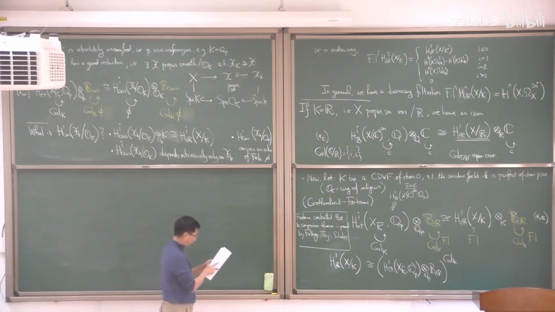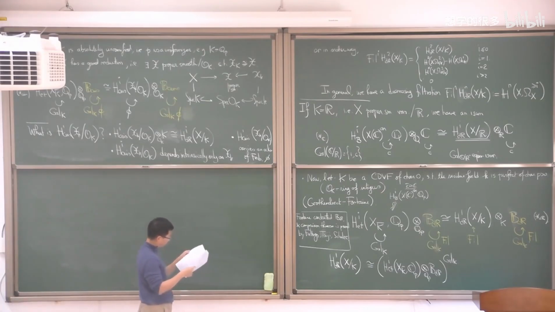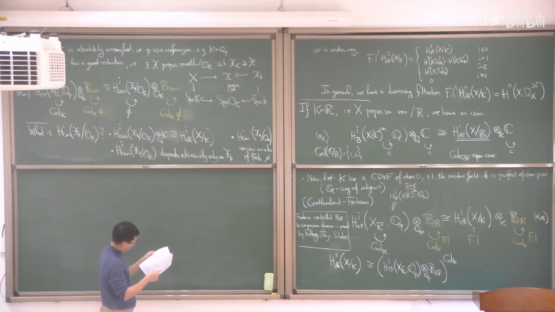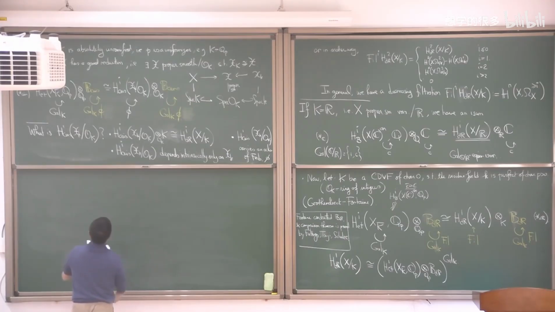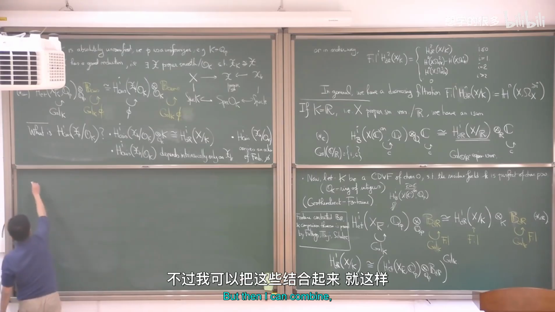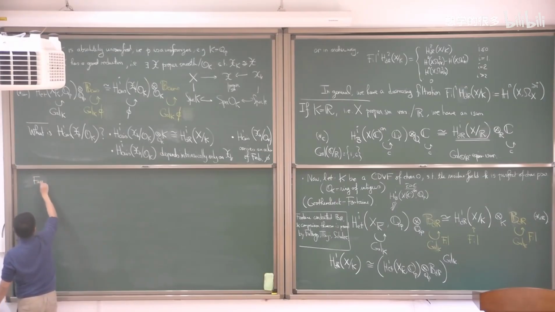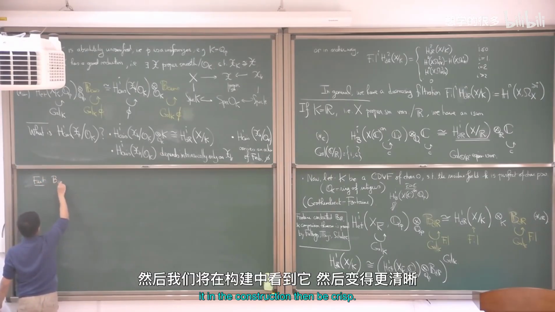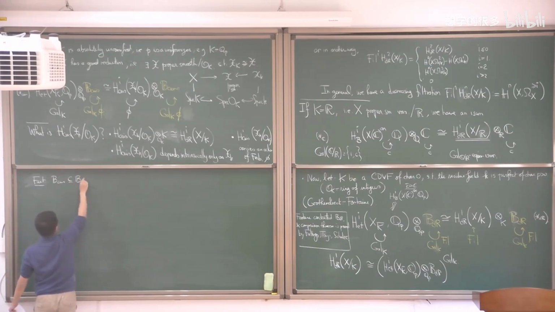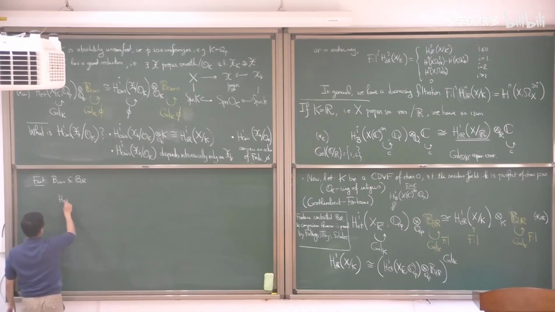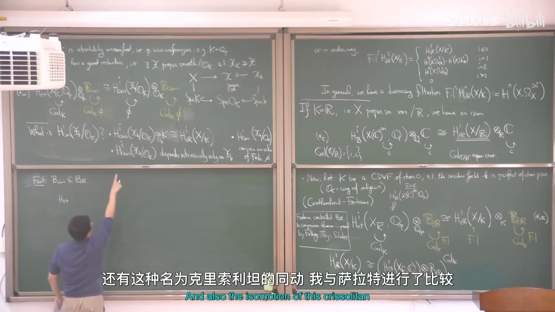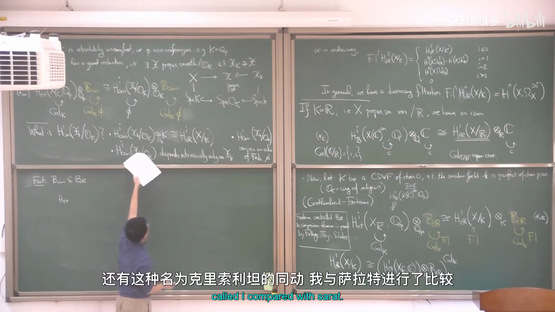Let me see. Let me put it over here. So, okay, we will have this, but then I can combine. Maybe here's the fact, as we'll see in the construction, that B cris is a subring of B dR. So I can combine this and the other comparison, so now I have my H, and also the isomorphism of the crystalline cohomology compared with the other one.